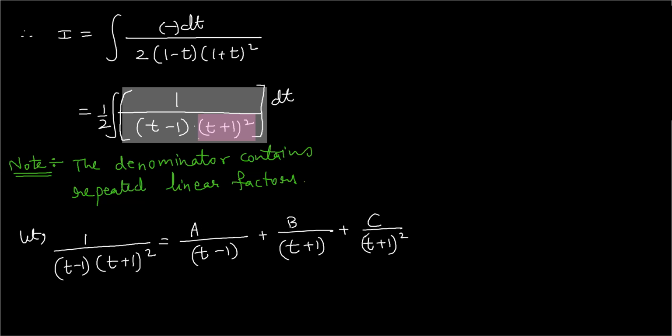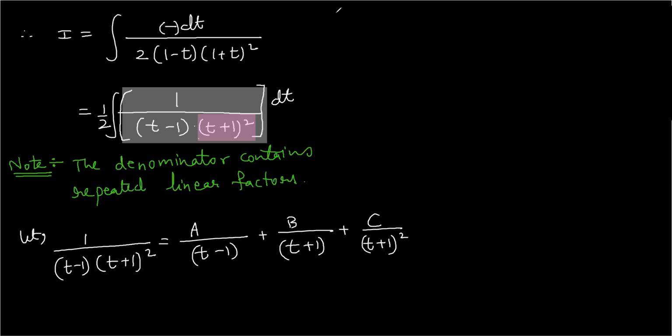Only thing you have to take care of is, don't write b upon t plus 1 and again c upon t plus 1. No, it is b upon t plus 1 and c upon t plus 1 square. The power will increase. I hope you have understood this.